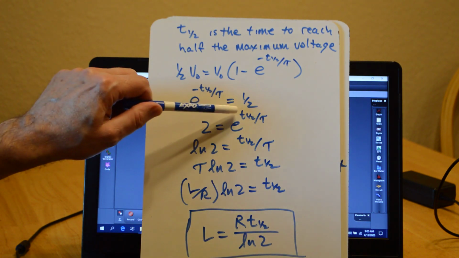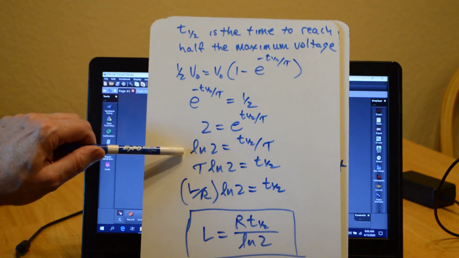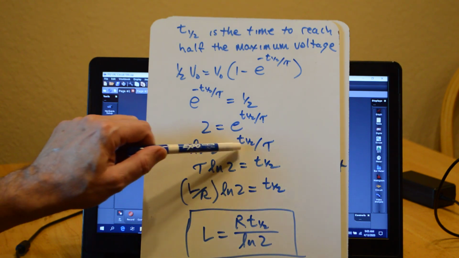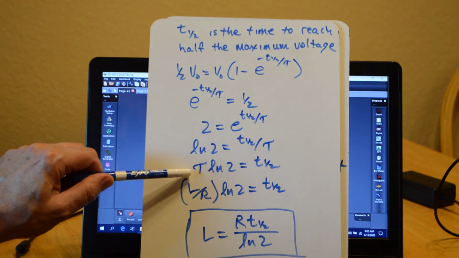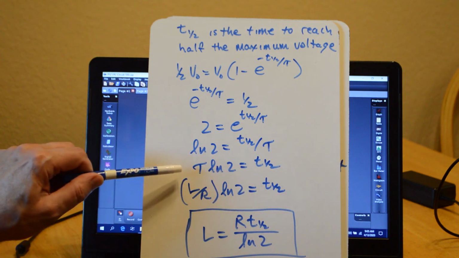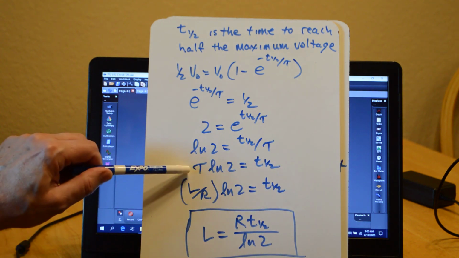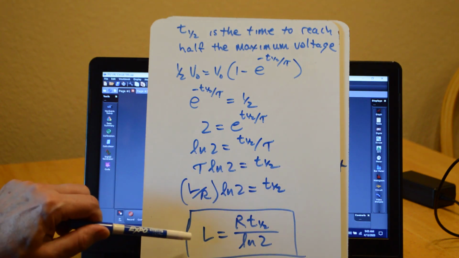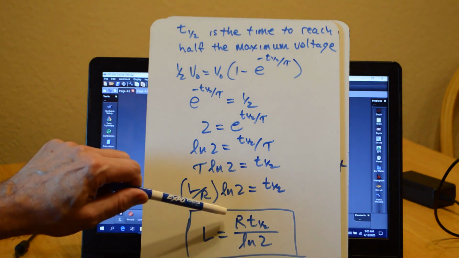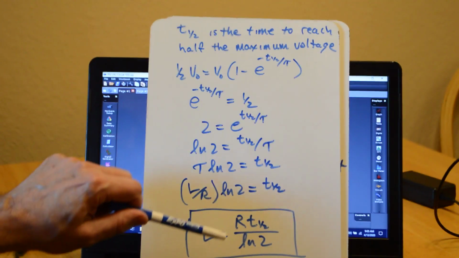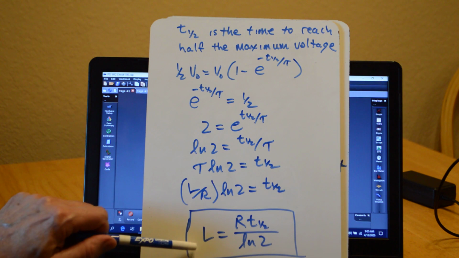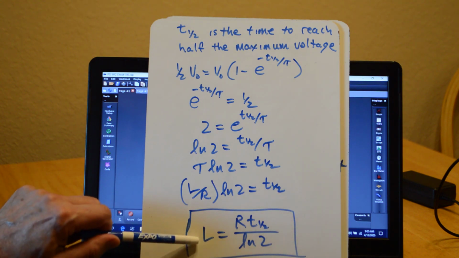Then I can get at the exponent by taking the log. So I have log 2 equals t1 half over tau, or tau log 2 equals t1 half. Substituting L over R for tau and solving for L, we get L equals R times T1 half divided by log 2. So this gives us a way to measure the inductance.